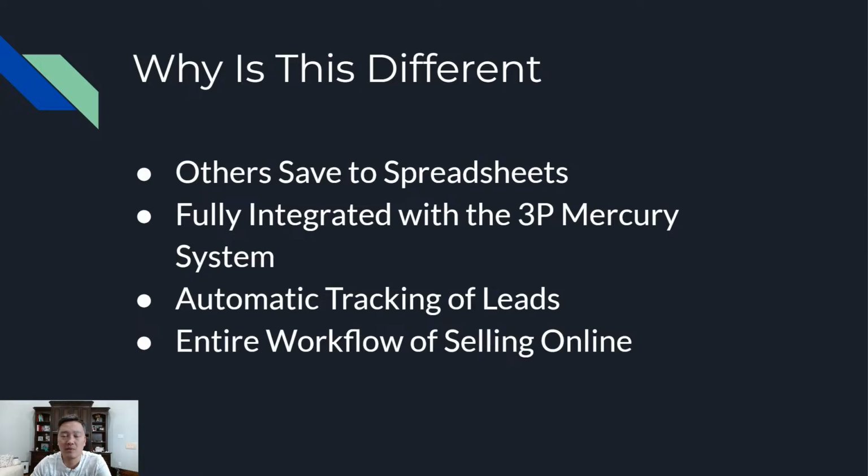The number one problem with the spreadsheet is that once you save the data there, the data is static. It never changes. So the issue is you have to go back and manually review all of the leads that you find.